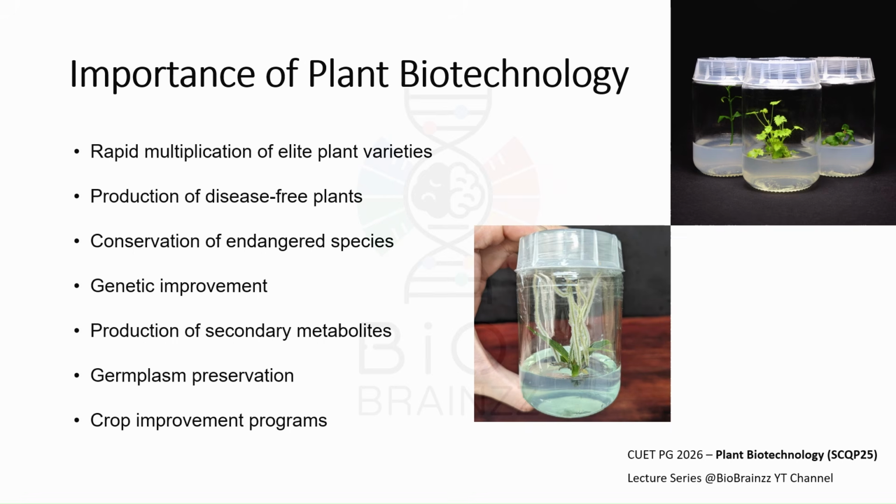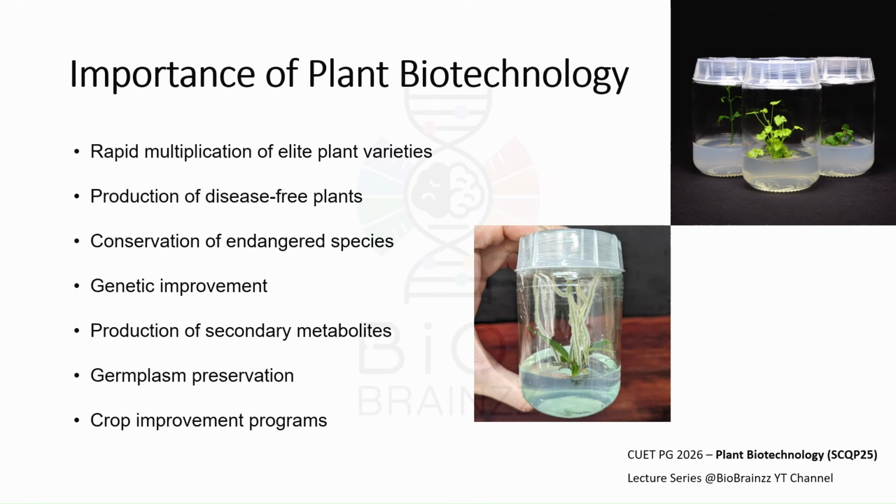Thousands of genetically identical copies can be produced within a short time. Another important role is the production of disease-free plants. Viruses, especially in vegetatively propagated crops like potato, sugarcane, and banana cause huge yield losses. Meristem culture is commonly used to eliminate viral infection.